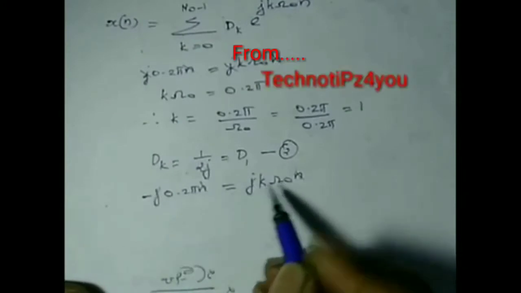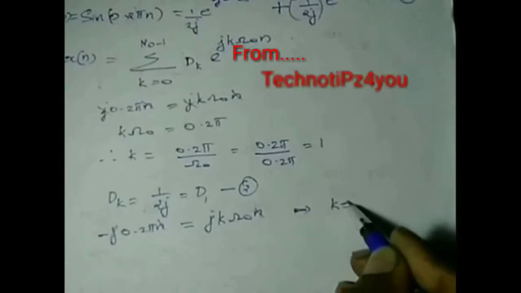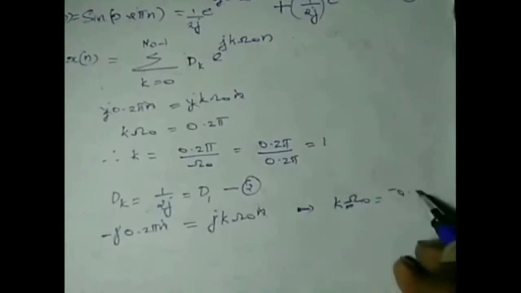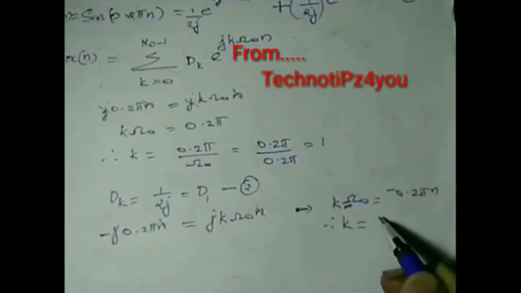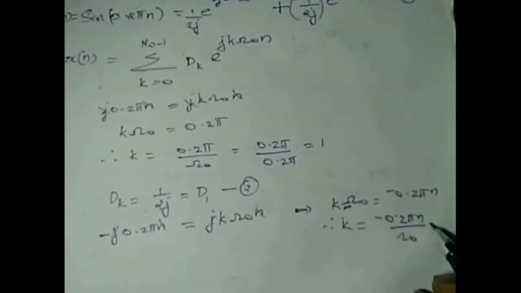Now n and n, j and j cancel each other, and the remaining thing implies k omega 0 is equal to minus 0.2 pi n. Therefore k is equal to minus 0.2 pi n by omega 0.